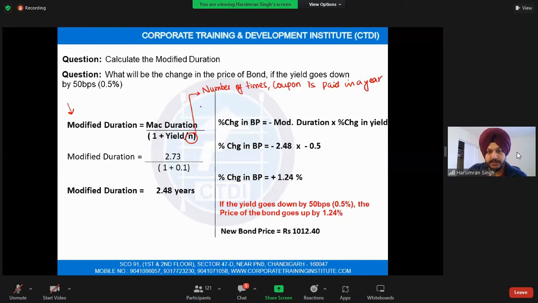That means if it is an annual bond, then this n will be equals to 1. And if it is a semi-annual bond, then this n will be equals to 2.